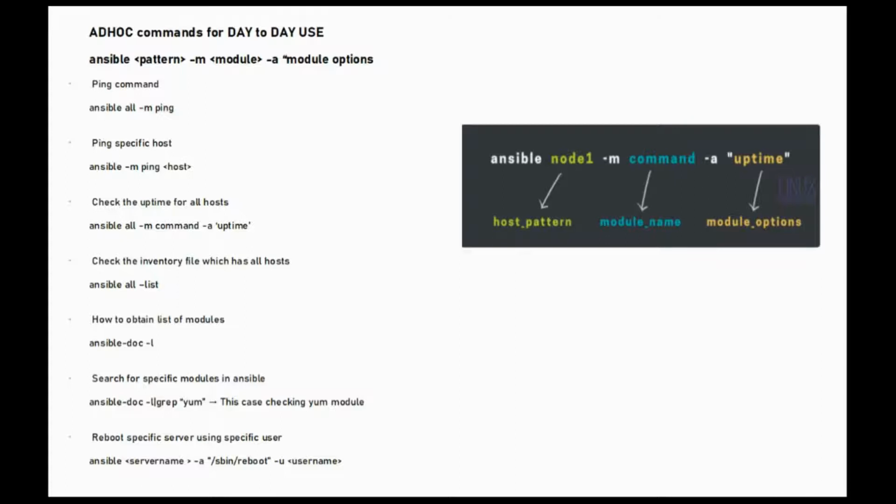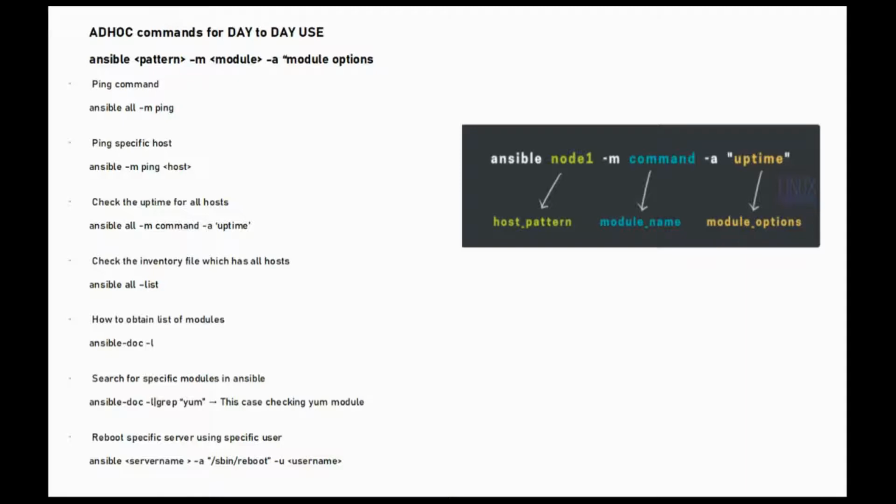If I want to do a connectivity check for all the IP addresses, I will use all. If I want to check a specific host's connectivity, I will use ansible -m, where m is the module, the module name is ping, and you give the host.